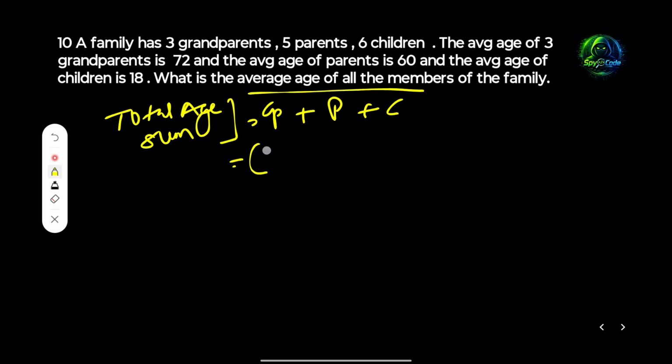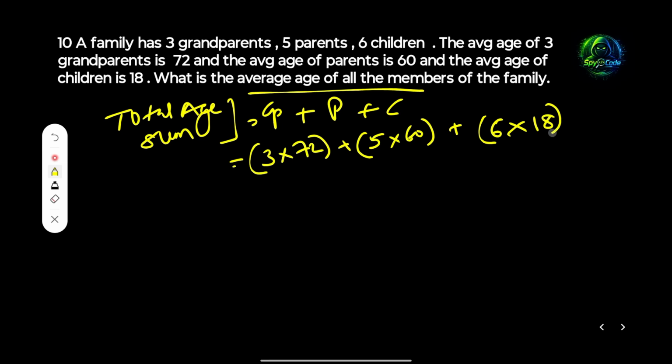So how many grandparents? 3 into, what is the average, 72, plus parents, it is 5 parents into 60, plus children, 6 children into average age 18. So upon solving all this, we get a sum of 624.